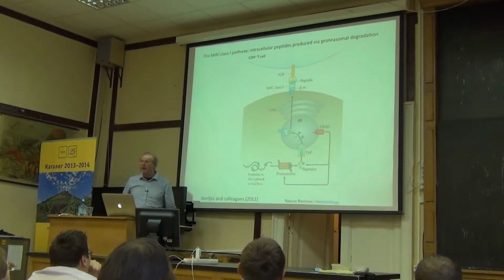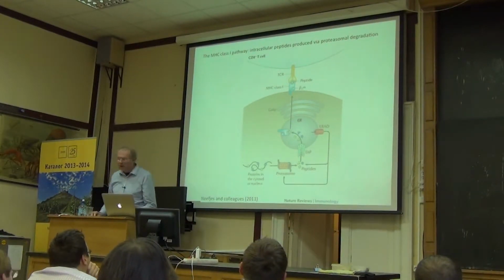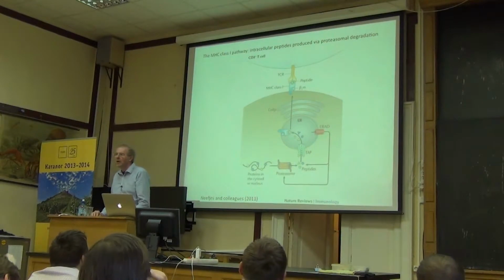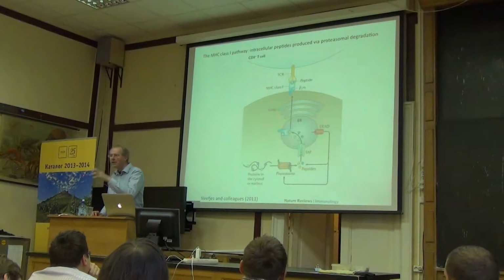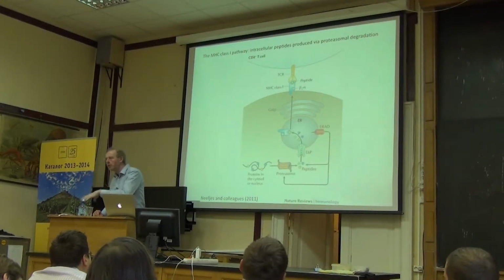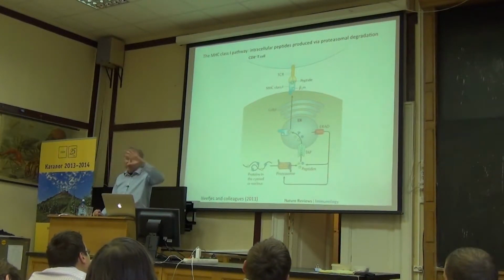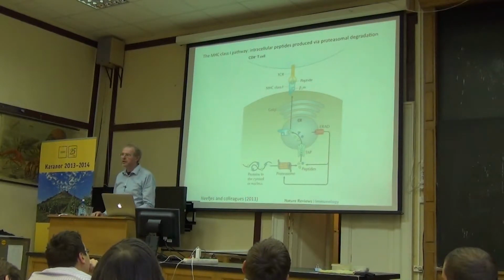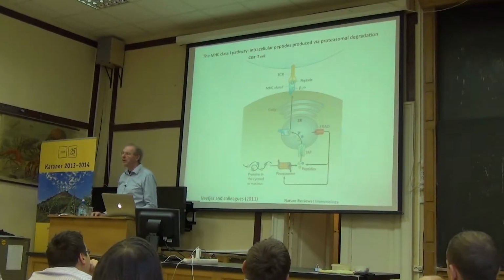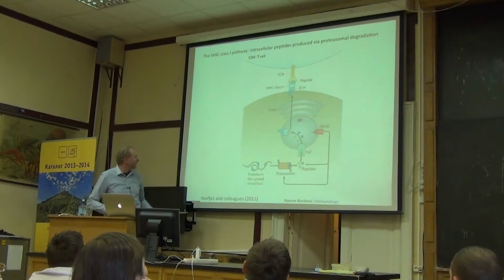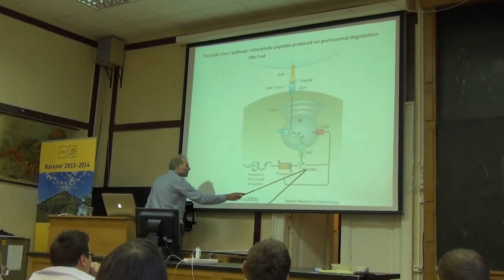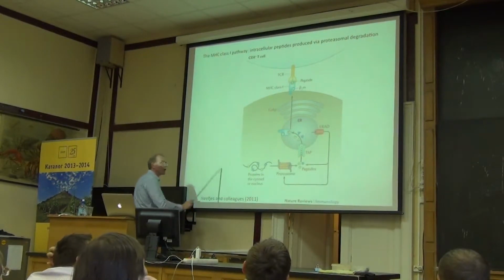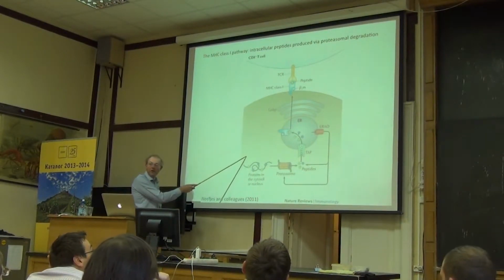Now, for the cell, these peptides are quite a useful resource, because the peptides are further degraded into amino acids, and these amino acids can then be used for biosynthesis once they've gone through all these required steps. So it's basically a recycling machinery. This is the waste bin. The shredder shreds it. Peptides are being degraded into amino acids, and then it goes into protein synthesis.